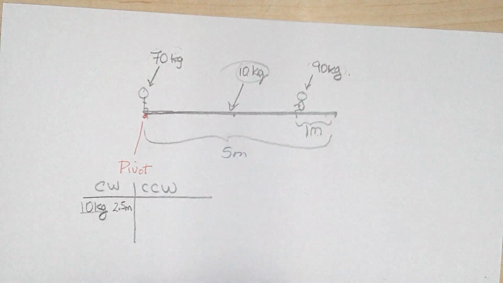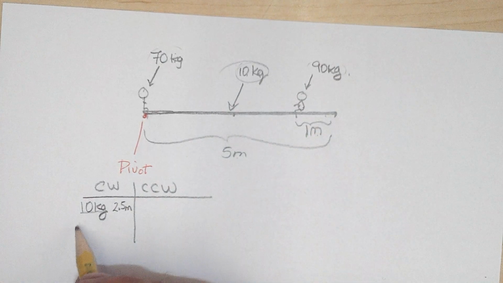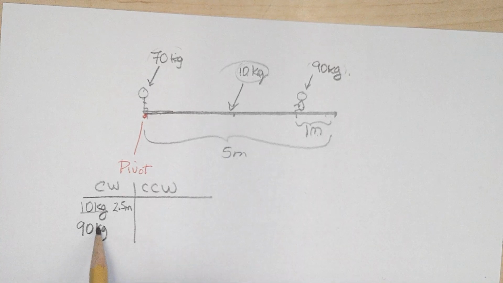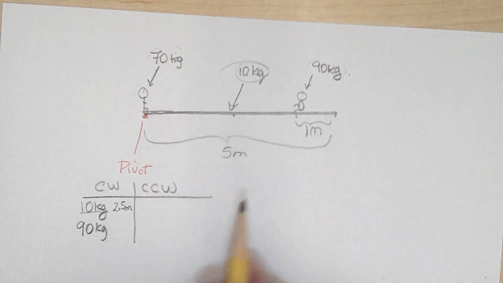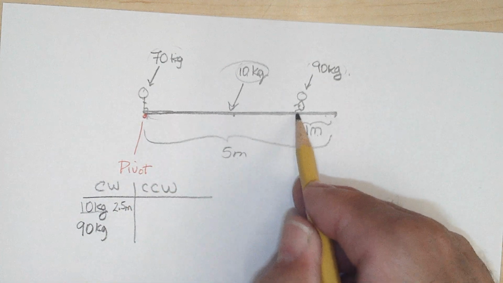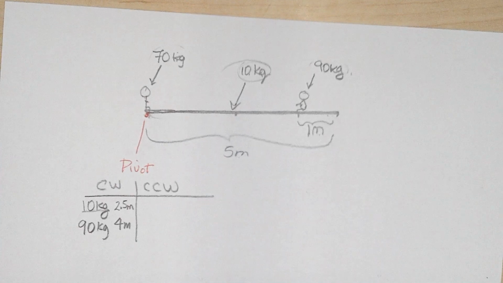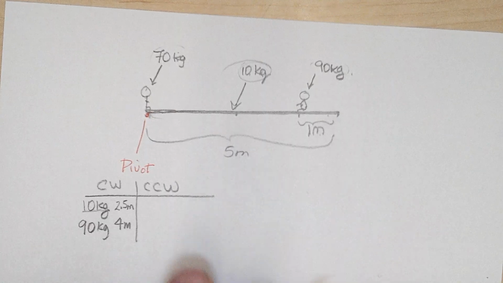This mass is also trying to make it go clockwise, pushing down on it. That's 90 kilograms, and if I wanted to make it torque, I'd multiply by 9.8, but forget that. It's out from the pivot point 4 meters. That seems like all that's there, but remember, we have to hold this system. We have to push up to hold it up.